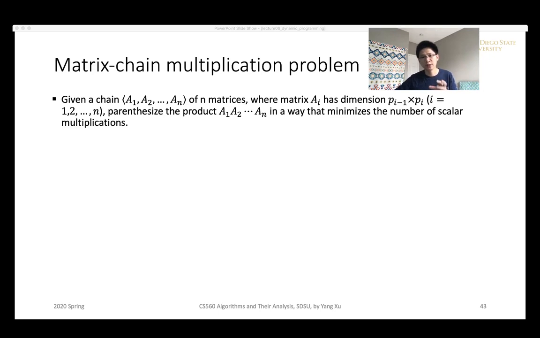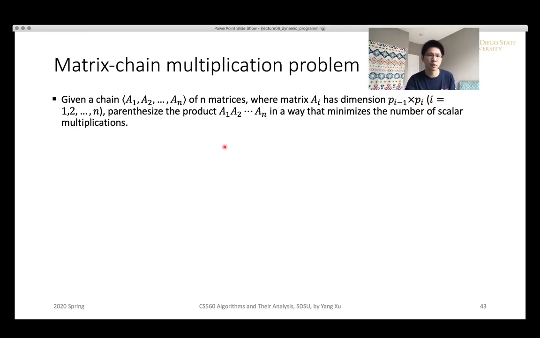For example, for the matrix AI, the I-th matrix, we know that it has a dimension of P subscript I minus 1 by P subscript I. So P subscript I minus 1 is the number of rows of AI, and P subscript I is the number of columns for AI.